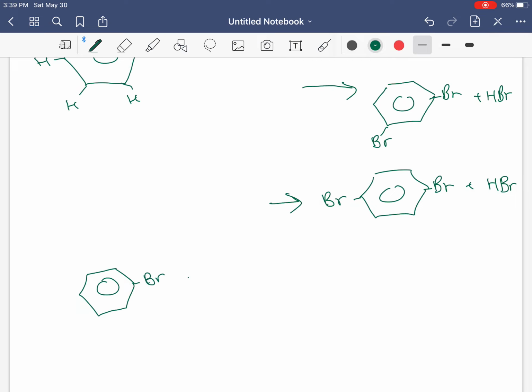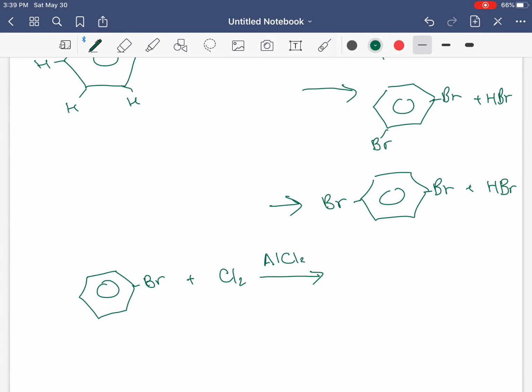And I'm going to react this with chlorine gas. If I react this with chlorine gas, I better make sure my catalyst has some sort of chlorine in it. Now, you may be thinking, hey, earlier you used iron for the cation, now you use aluminum. Is it that specific? No, it's actually not that specific. You can use aluminum if you like. No big deal.